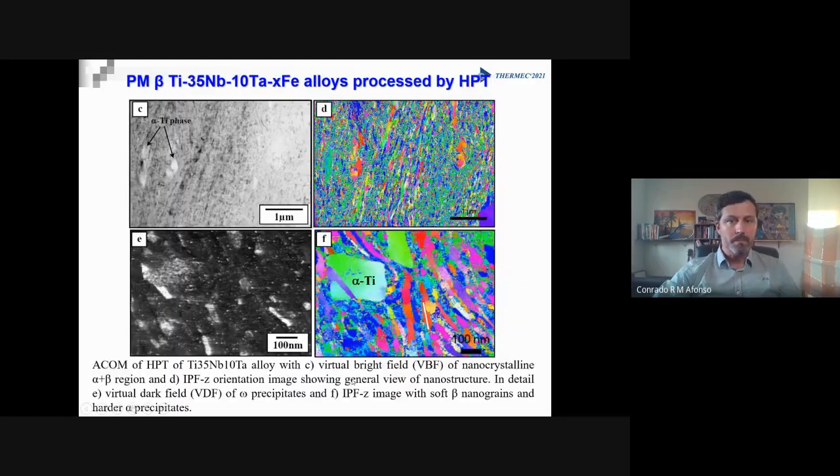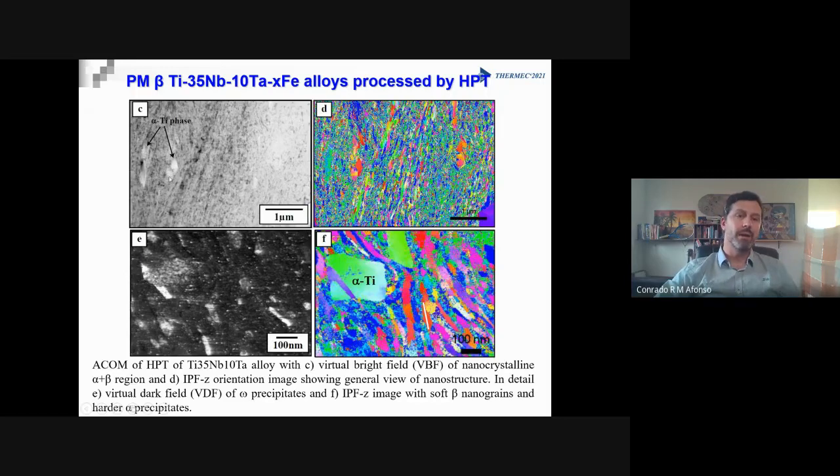Okay? So in order to confirm the nanocrystalline origin of this structure after HPT and determine the grain size as well, we did the ASTAR analysis again in order to do the orientation mapping by crystallography. And we determined here in a low magnification image, the nanoscale grains of beta phase, which is a softer phase.